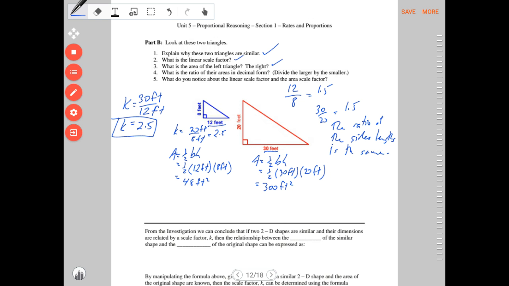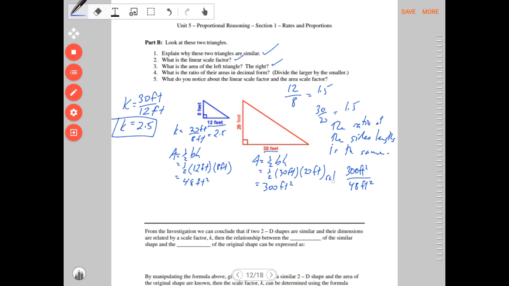Okay, so what is the ratio of their areas in decimal form? Okay, so we could use fractions on this if I really wanted, but it says decimal, so we're going to just do it that way. So the ratio of the areas. Okay, so that just means I divide the areas. So we're going to go 300 square feet divided by 48 square feet.